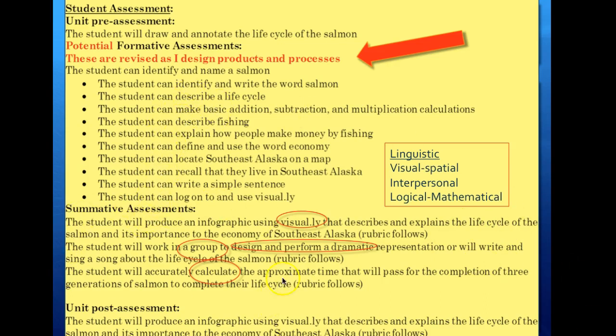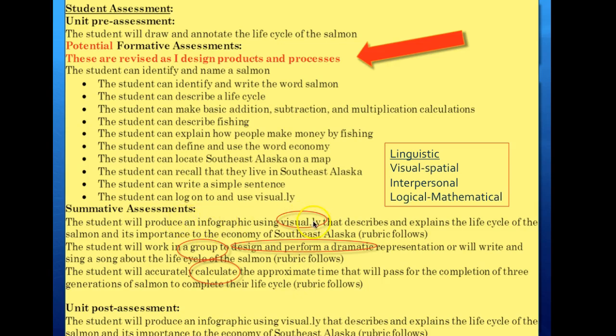And then the assessments are actually a combination of linguistic, visual-spatial, interpersonal, and logical-mathematical skills. These are multiple intelligences, and so they have multiple avenues of showing their understanding. They're still expected to do each one, but they may be stronger in one area than the other.